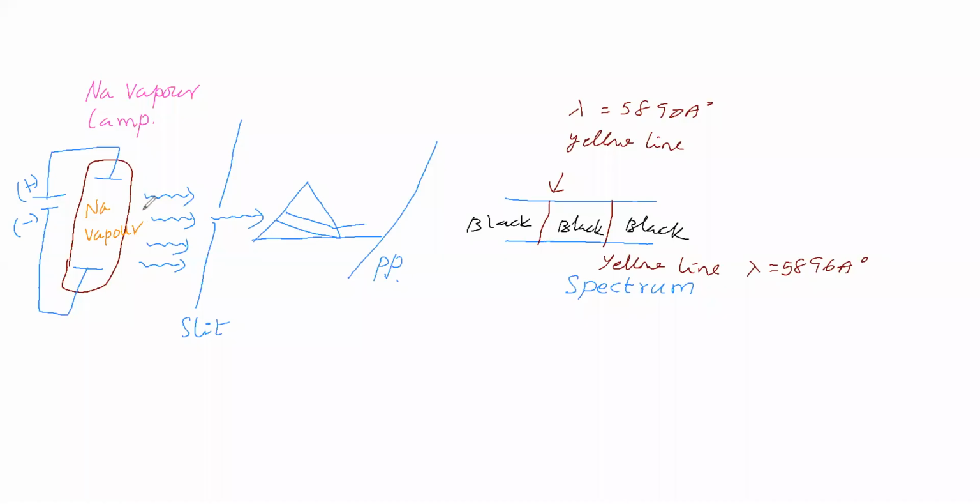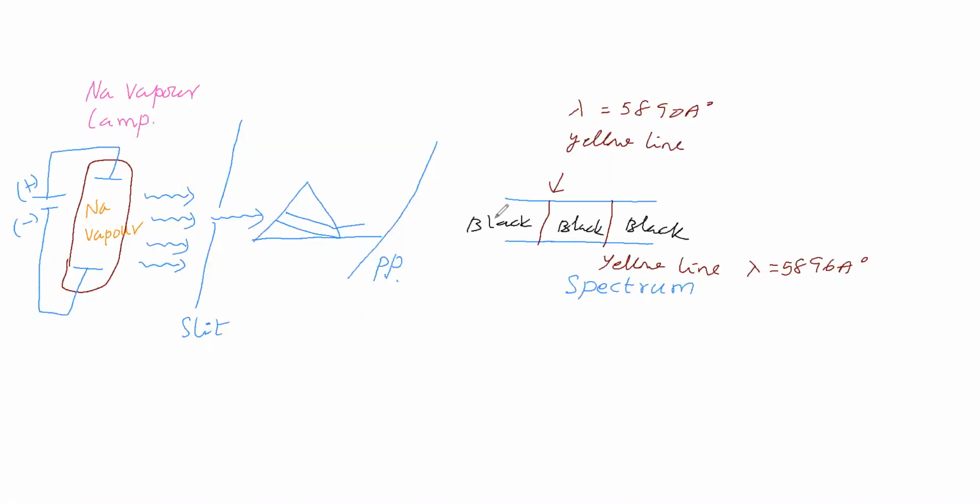From here it came. This emitted yellow color fell over here, therefore we are getting a yellow line here. In the same way here. Now this place is just black, nothing is there. That means, is there any radiation that fell over here? Can we say some radiation fell over here?